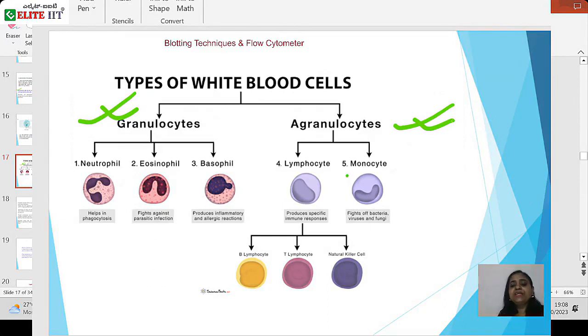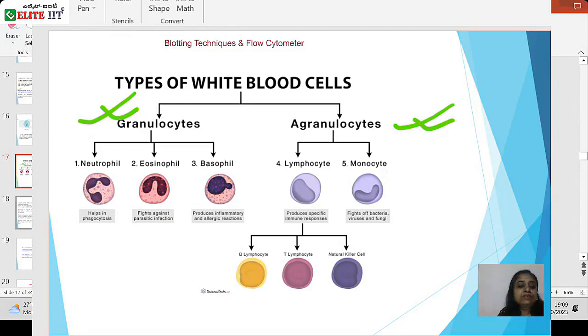In this way, a database is already there, or standards or references are there. From the scattering value, you can determine which WBC is in higher concentration. Monocyte concentration is high or lymphocyte concentration is increased or not. Whatever the result from the interpretation, you can determine it.